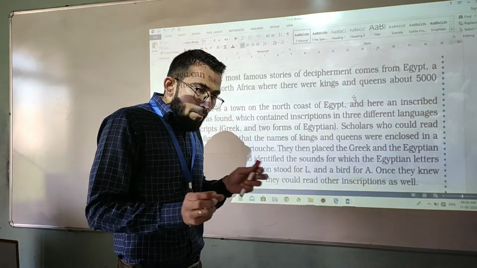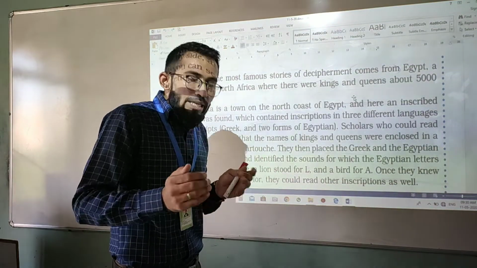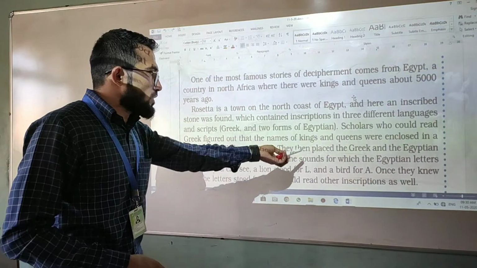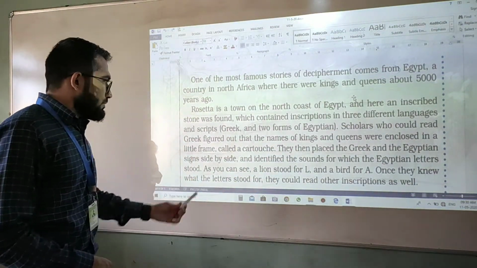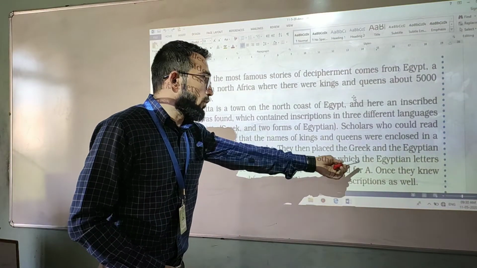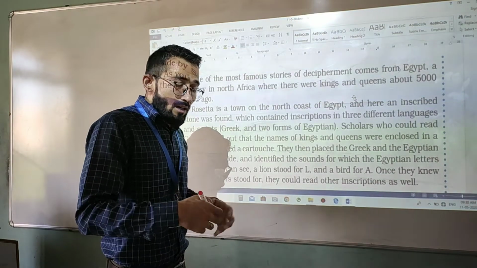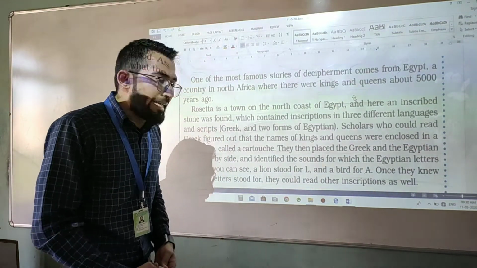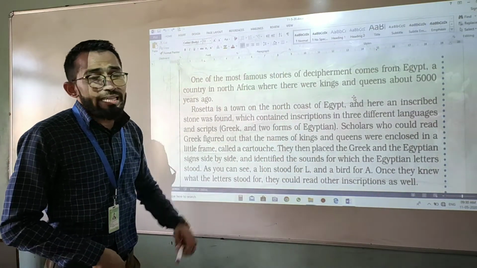Then we are arranging the particular capital letters in a sequence so that we can pronounce our name. Similarly, these scholars used such techniques to identify the sound for which the Egyptian letters stood. As we arrange the letters in our name's order, we can pronounce our name. As you can see, a line stood for L, that we already have seen.